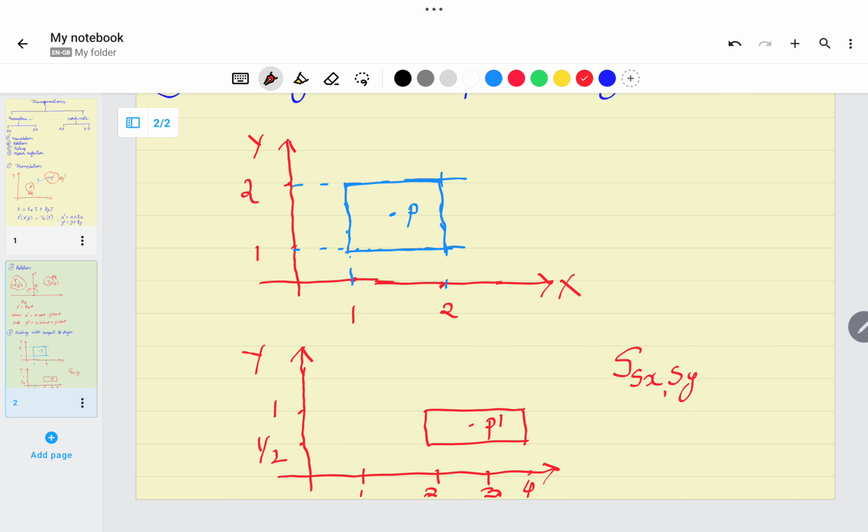Sx is the scaling factor along x and Sy is the scaling factor along y direction.